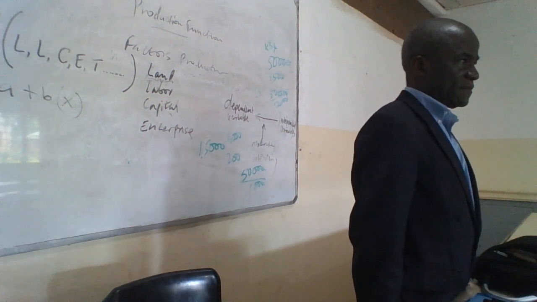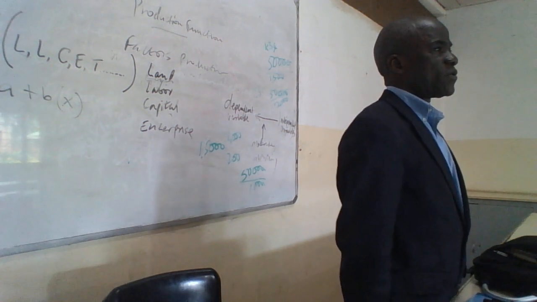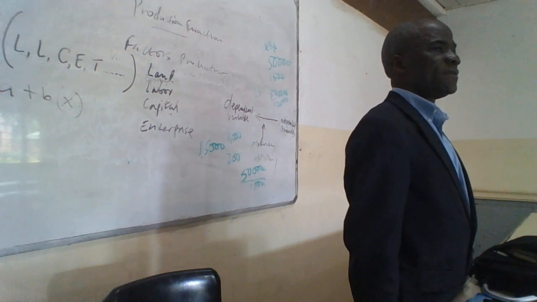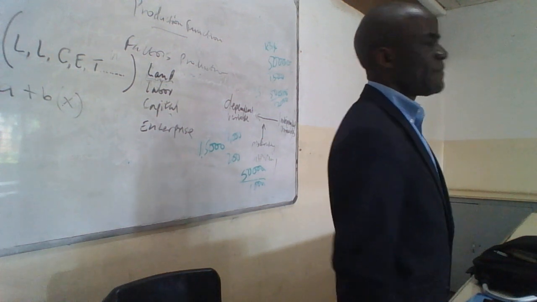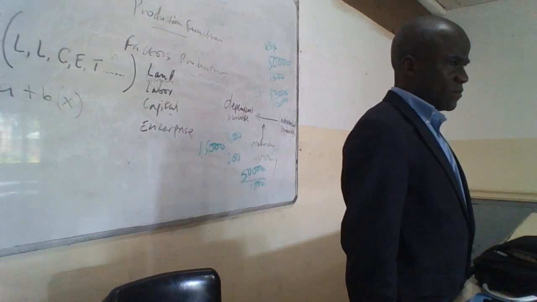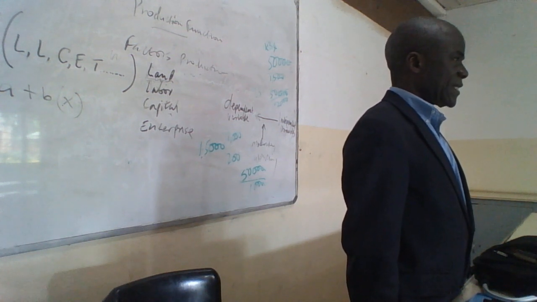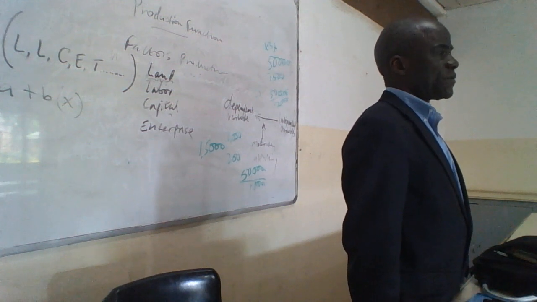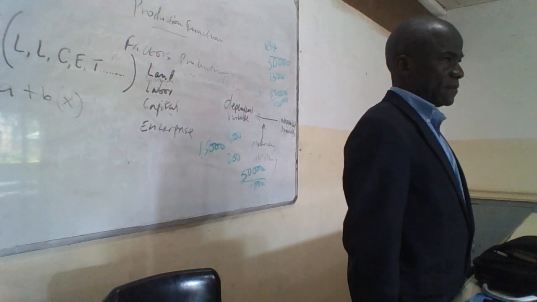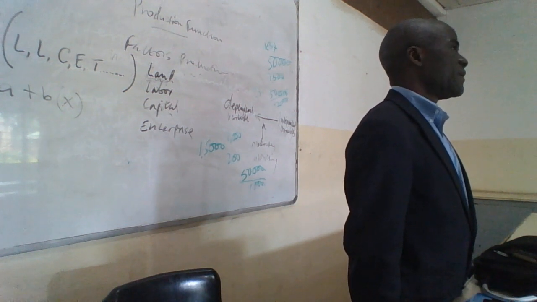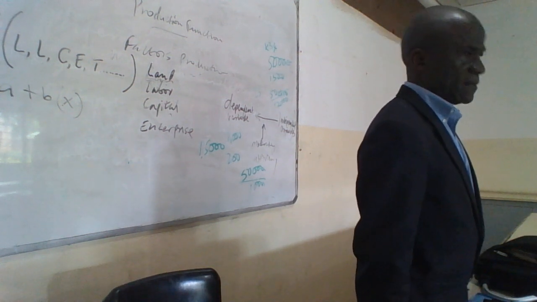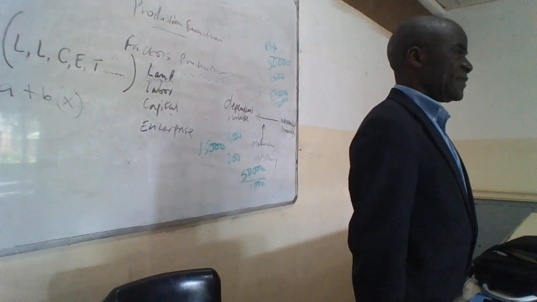Or labor has become expensive, and therefore maybe I'll just go and buy tractors. I don't need labor. You will still see that it's not always possible for certain operations. Because one factor has become expensive, you cannot just go for what is cheaper, or because one factor has become cheap, just move to it and leave the others out.